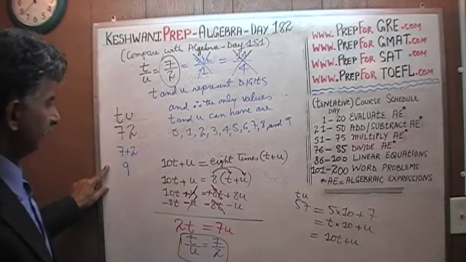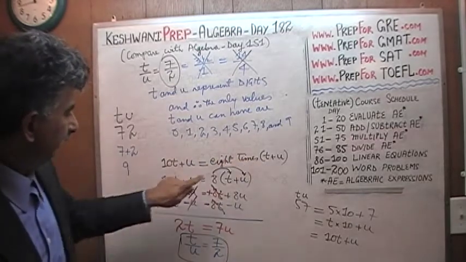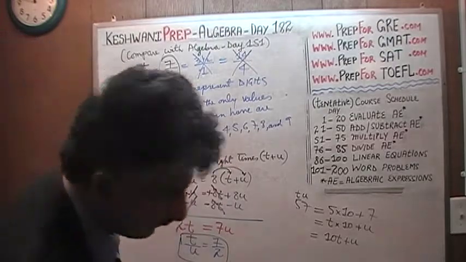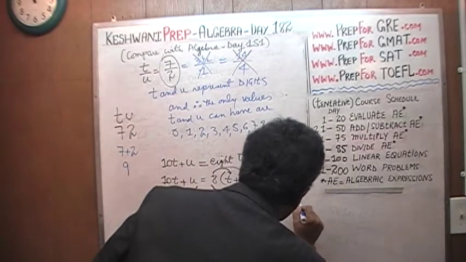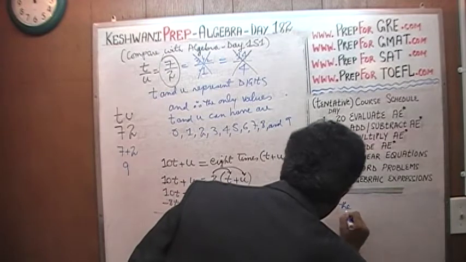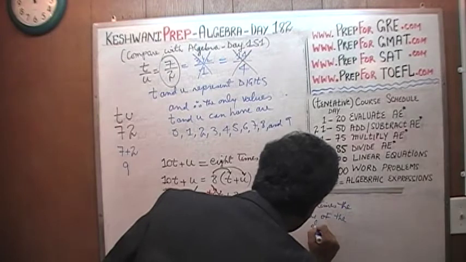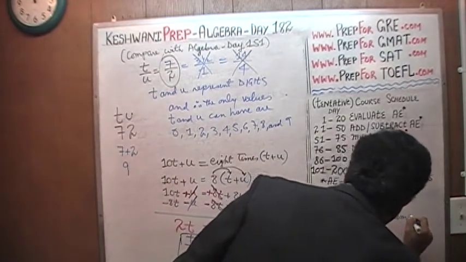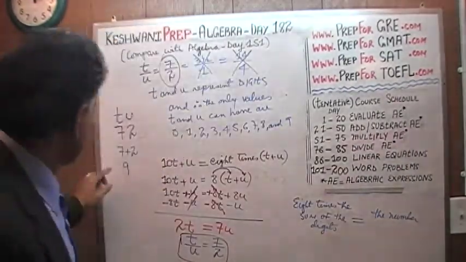And the problem tells us that 8 times the sum of the digits equals the number itself. And what we are claiming is that the number is 72.